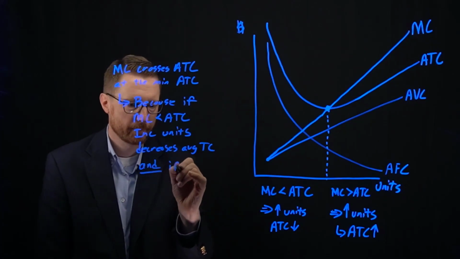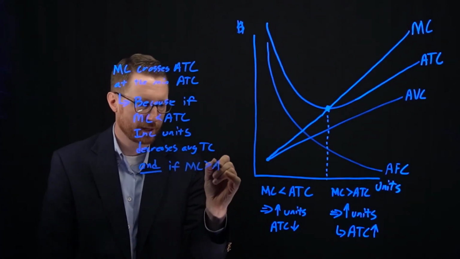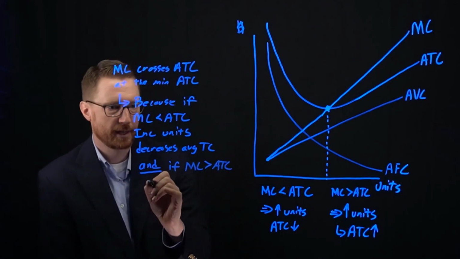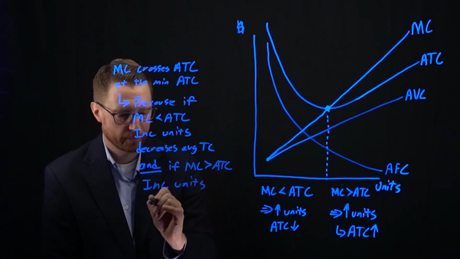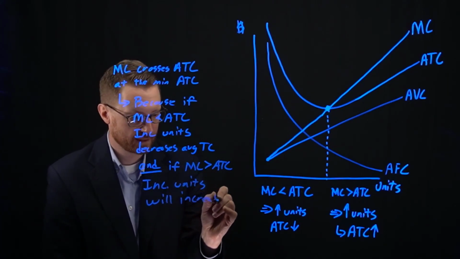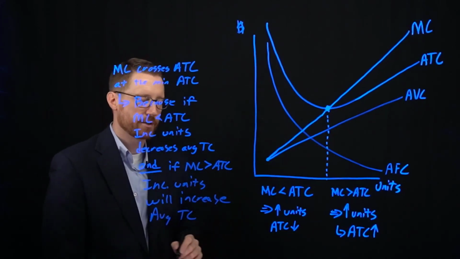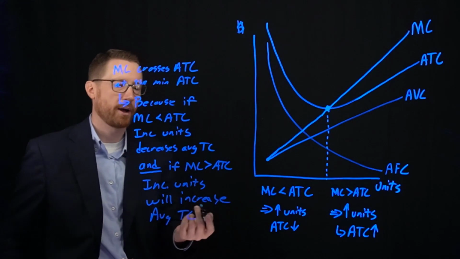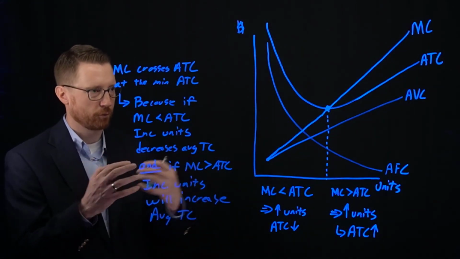And if marginal cost is greater than average total cost, then increasing units will increase our average total cost. So at what point do these curves cross and run into each other?